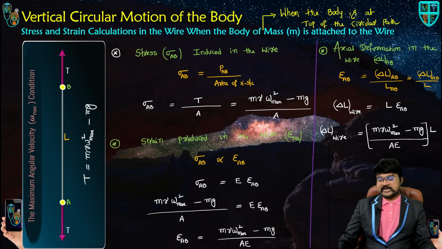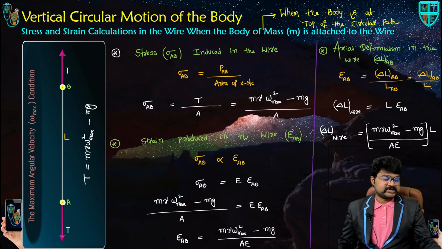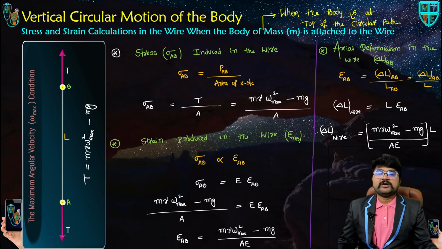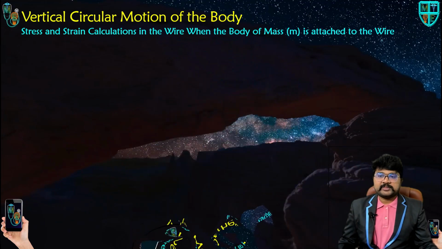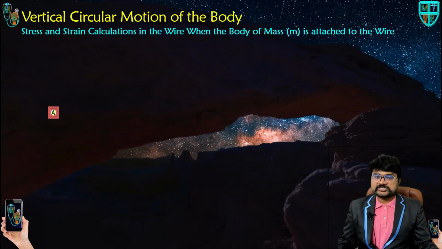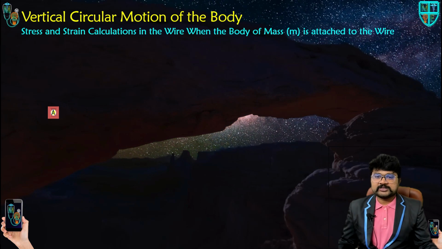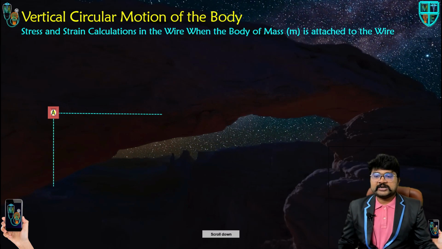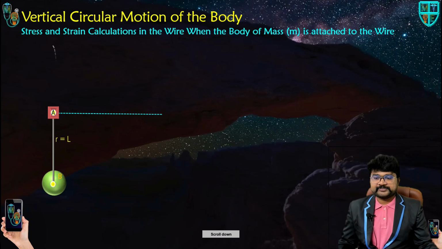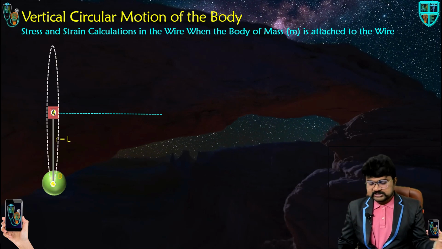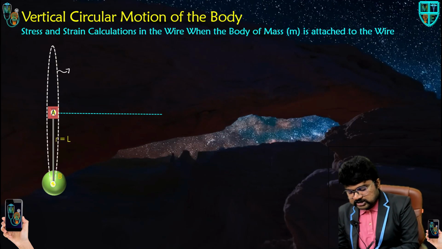Okay, now this is the tension in the string when the body is at the top of the circular path. Now we need to have a look at the tension in the string when the body is at the bottom of the circular path and the body is in vertical circular motion. Understood na? So this is vertical circular motion.